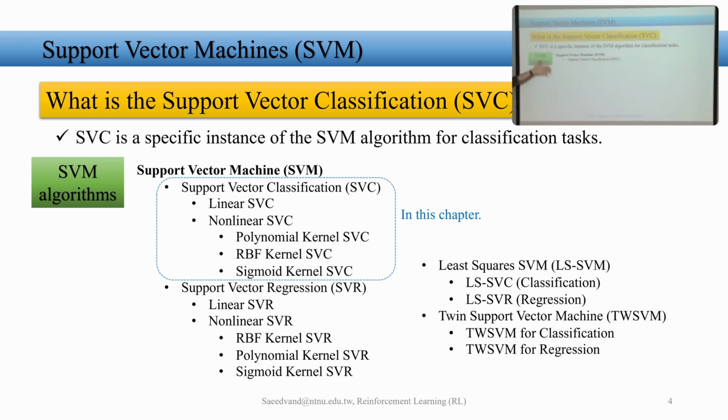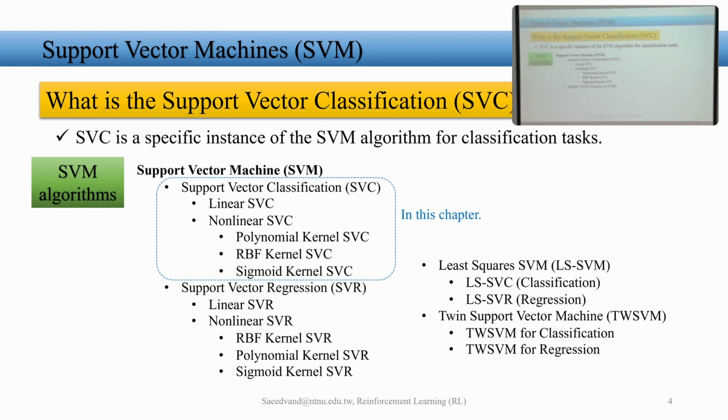If you want a general look at what we have in SVM, we have support vector machine, and under that, support vector classification algorithms. As I mentioned in the outline for today, we have linear SVC and nonlinear SVC, including polynomial kernel, RBF kernel SVC, and Sigmoid kernel. These are all under the class of SVC, support vector classification.